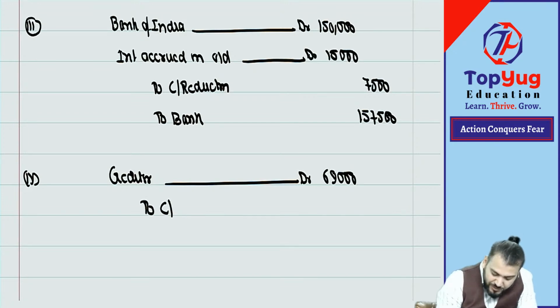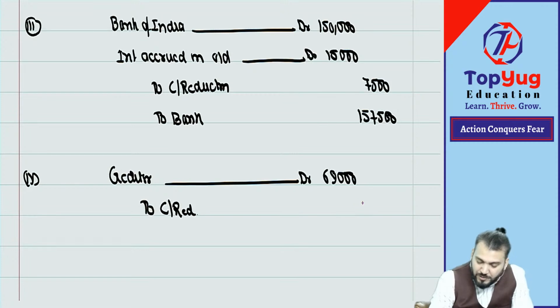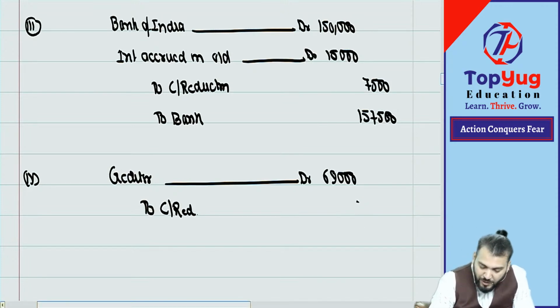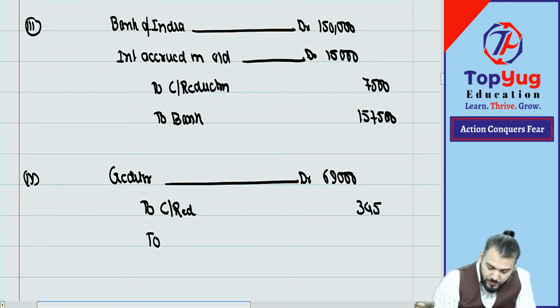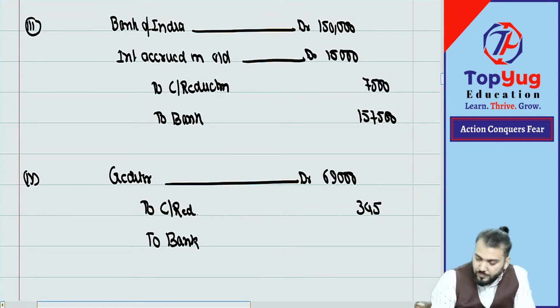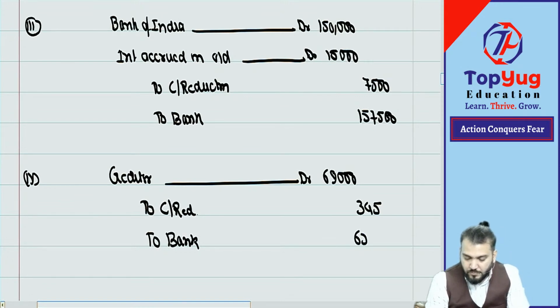To capital reduction how much? 5% means how much? 3,450, na. And to bank how much?